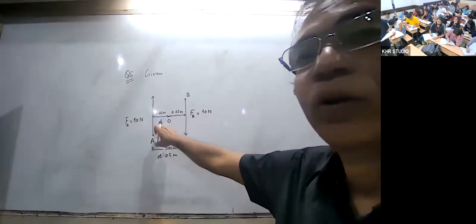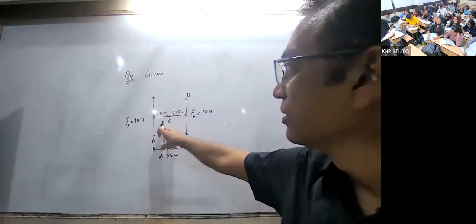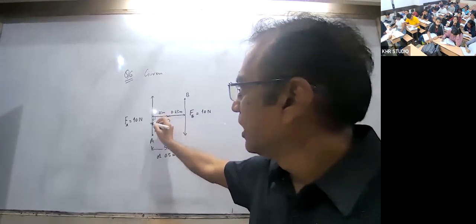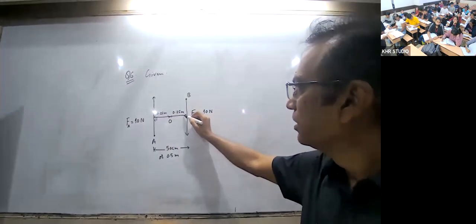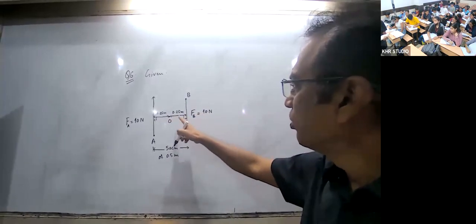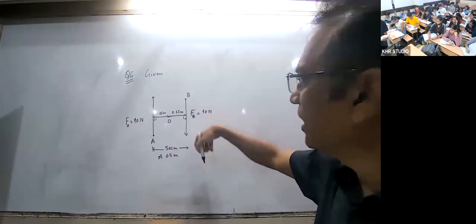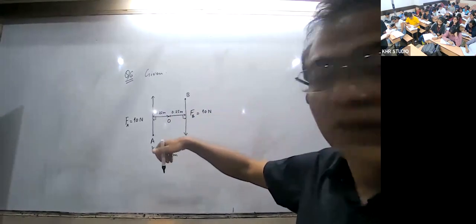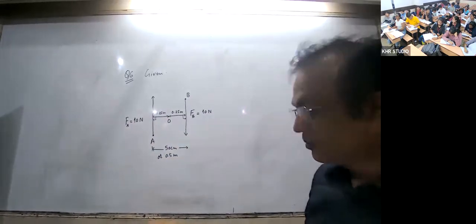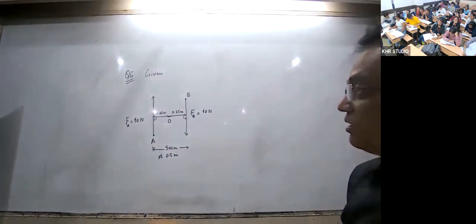O is 0.25 meter from the perpendicular distance from F_A. Likewise, this point O is 0.25 meter away from the line of action of force F_B. So we always take the perpendicular distance. Is that clear?